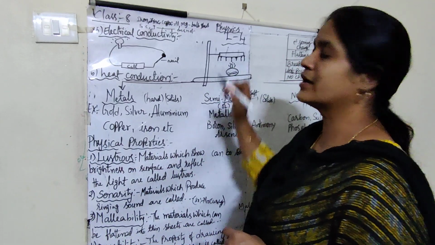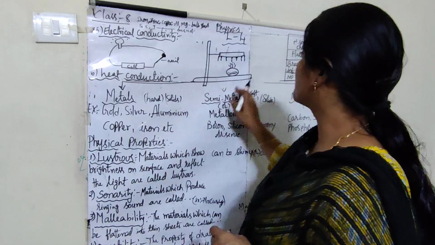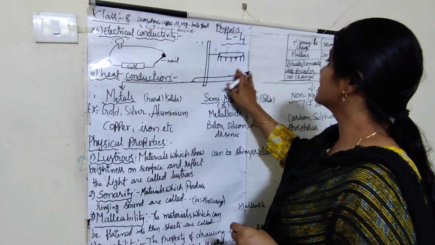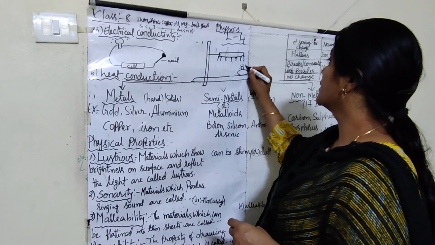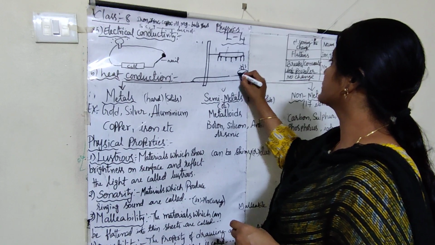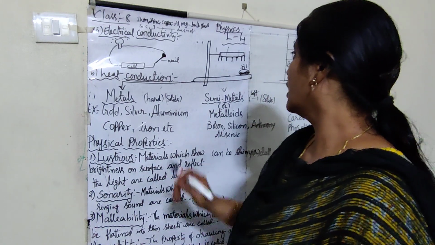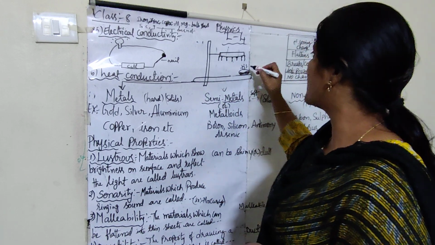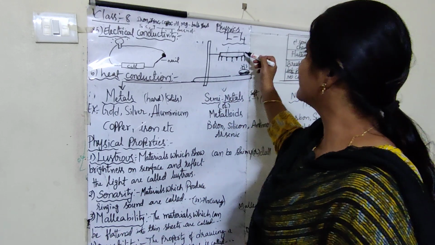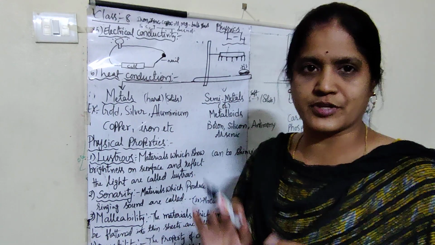When you heat it, what happens? Just place it here, this lamp. Now slowly when it is burning, the heat is passing through this iron rod, and you observe that.